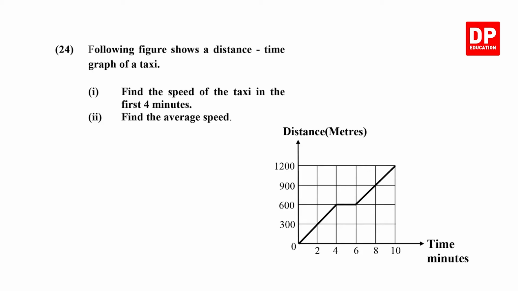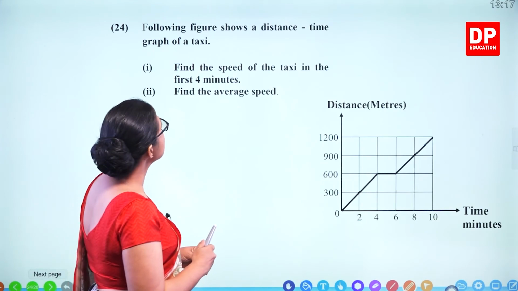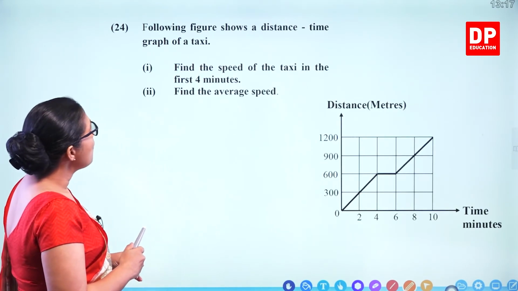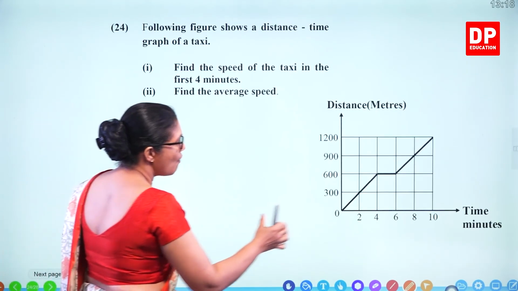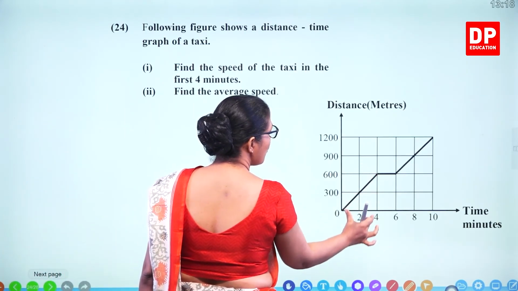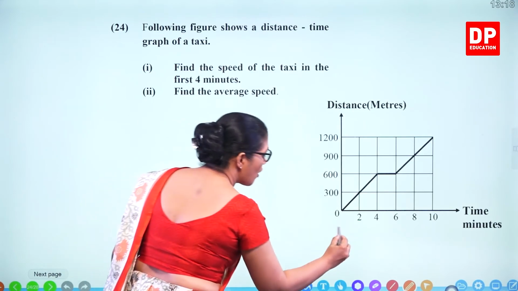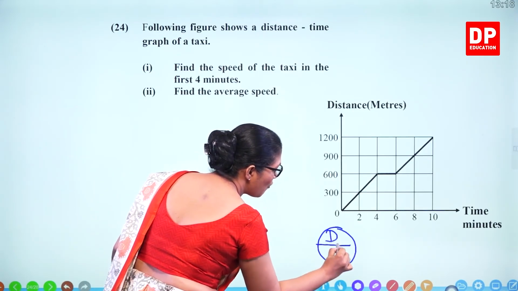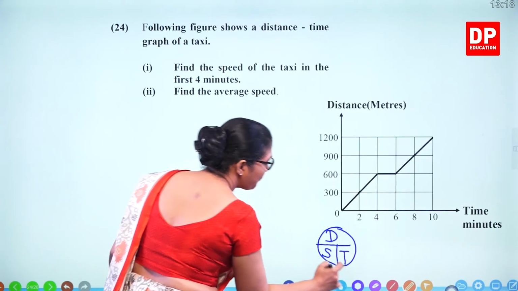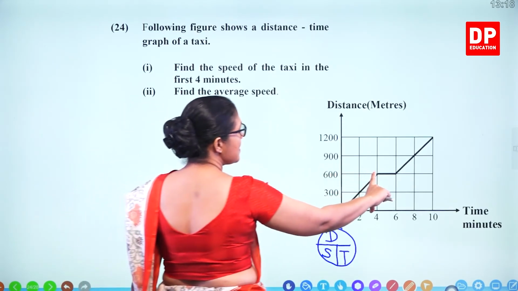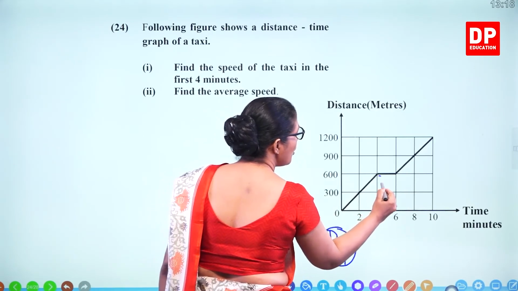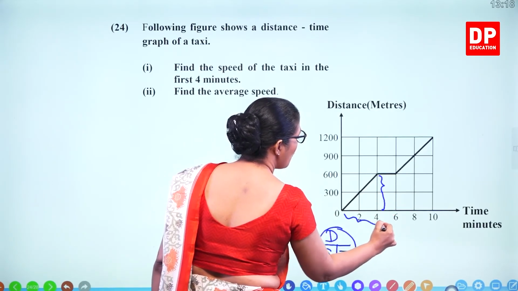Question number 24. The following figure shows a distance-time graph of a taxi. Find the speed of the taxi in the first 4 minutes. According to this diagram, what is speed? Speed is distance over time. Distance here, time is here. So you find this one over this one.